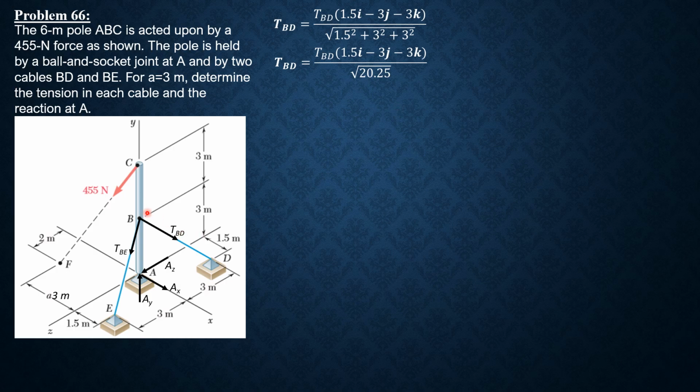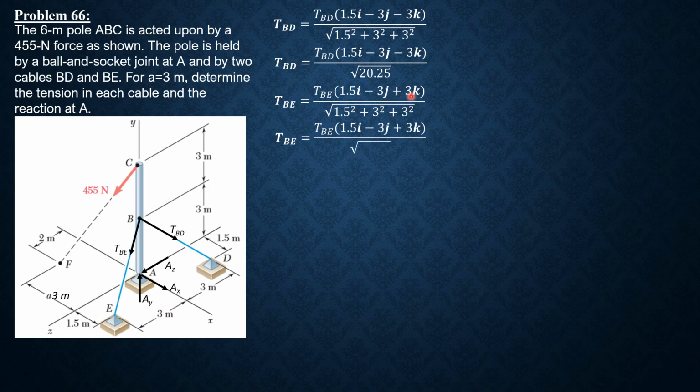Then tension BE in vector form is magnitude of tension BE times 1.5 I minus 3J then plus 3K. So since they have the same components except for the Z component, the distance is the same. So TBE times 1.5 I minus 3J plus 3K over square root of 20.25.